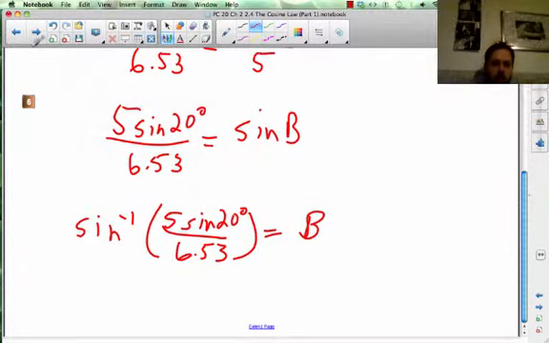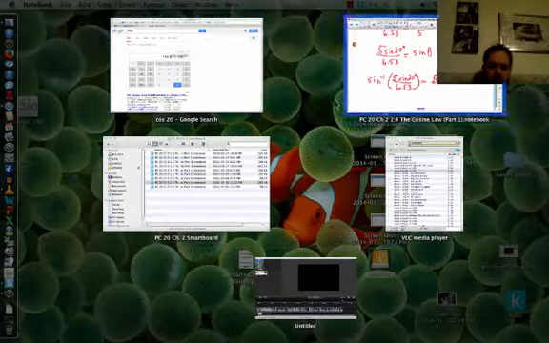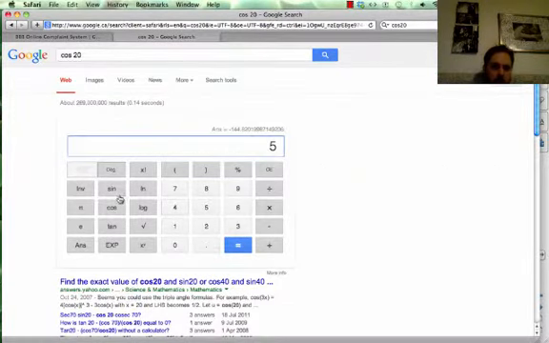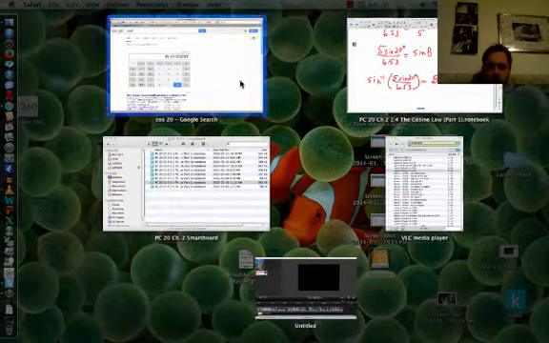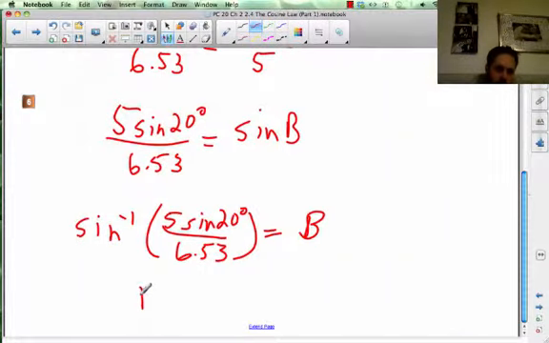And this is what we have to do to find B. So let's go ahead and do that now. 5 sine 20 over 6.53. So we go 5 sine 20 divided by 6.53. And then we take the inverse sine of that answer. And we get an angle of 15.2. So let's just round it off to one decimal place because the question asked us to do that.